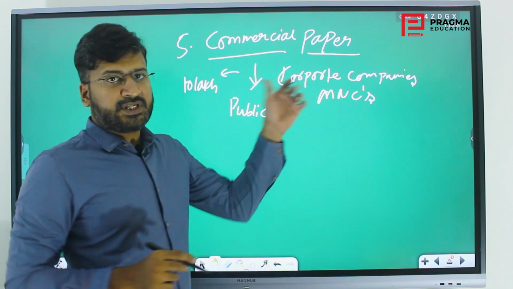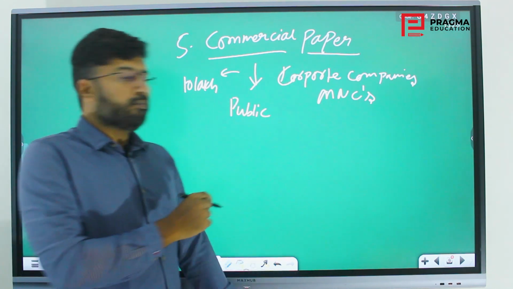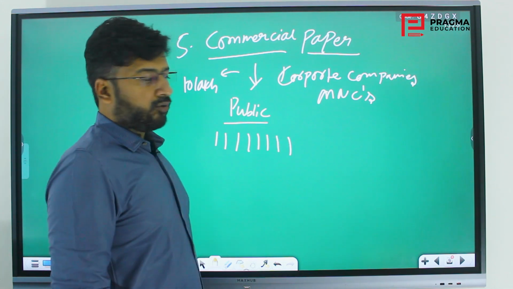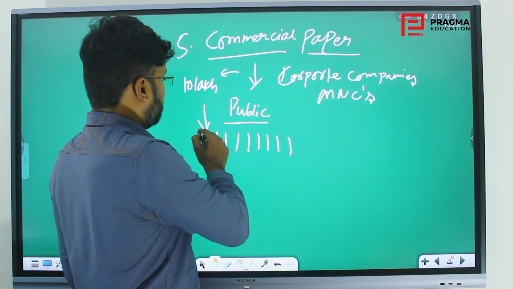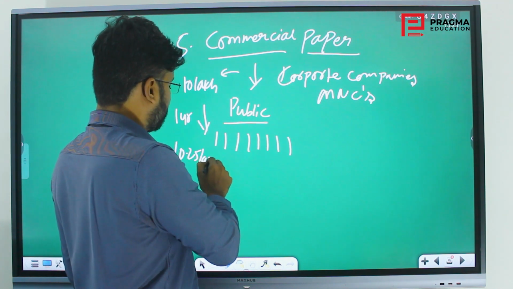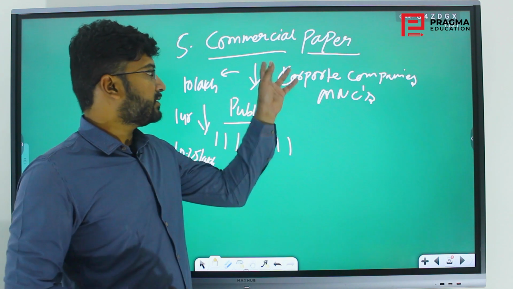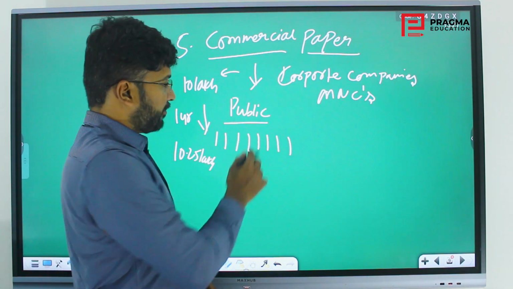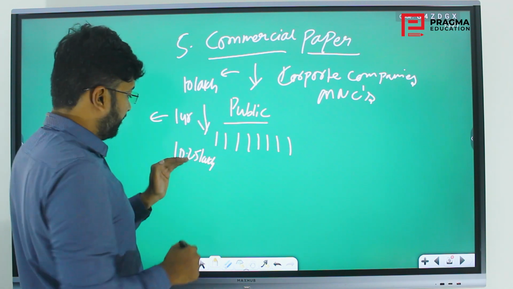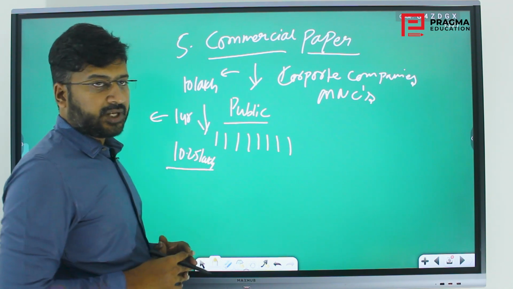If the commercial paper is worth 10 lakh, somebody will buy it in the public. It could be 1 person or 10 people or whatever, they will sell it to them. So at the end of 1 year, along with the accrued interest, I will pay this much amount, the company will say. So this commercial paper I will buy, I would have given 10 lakh and I will get this much after 1 year as interest.